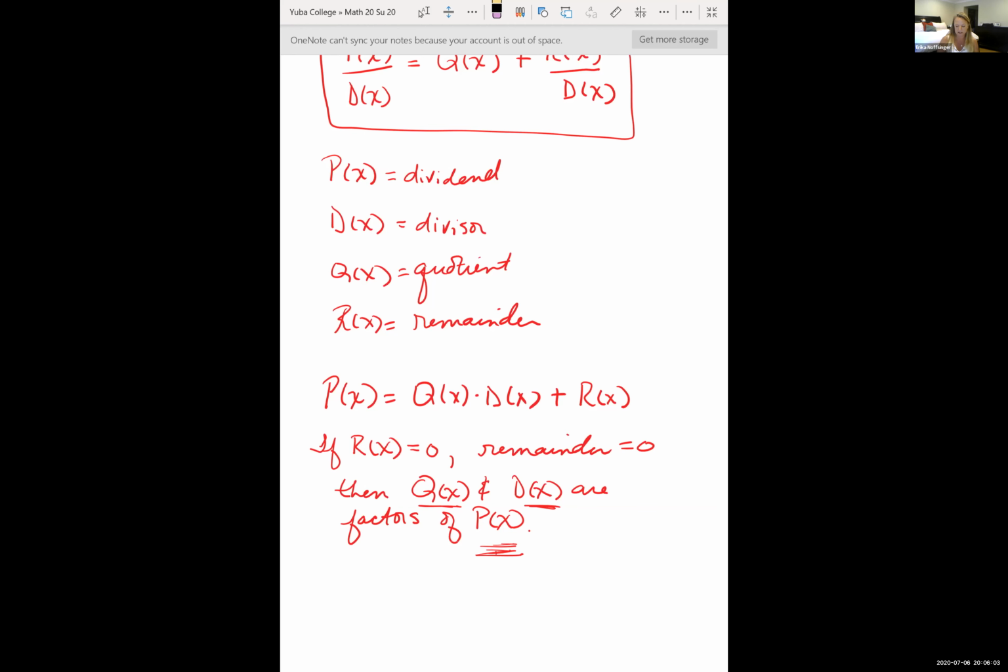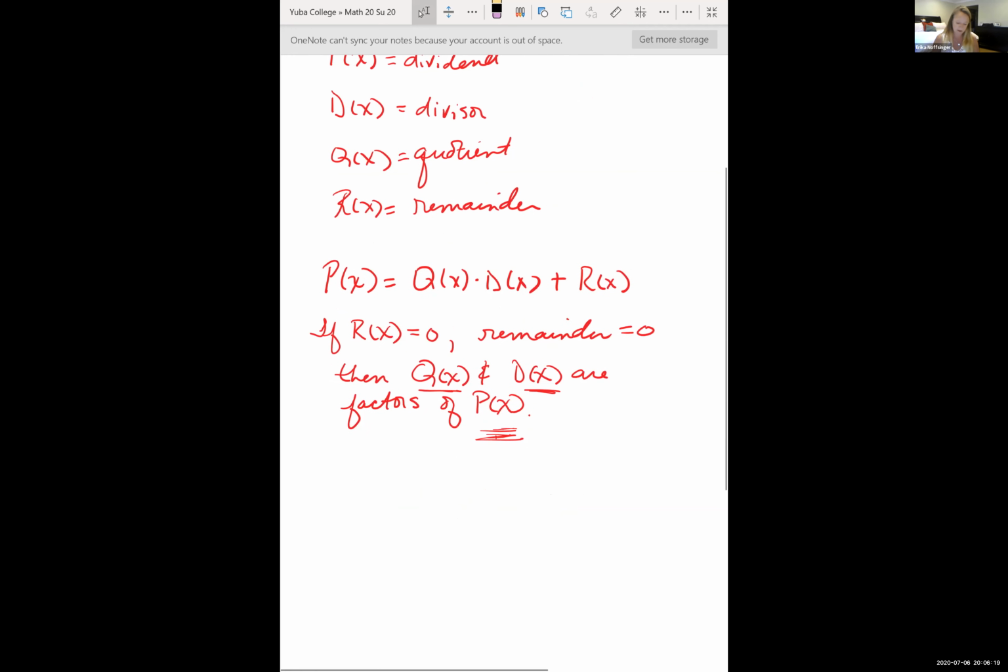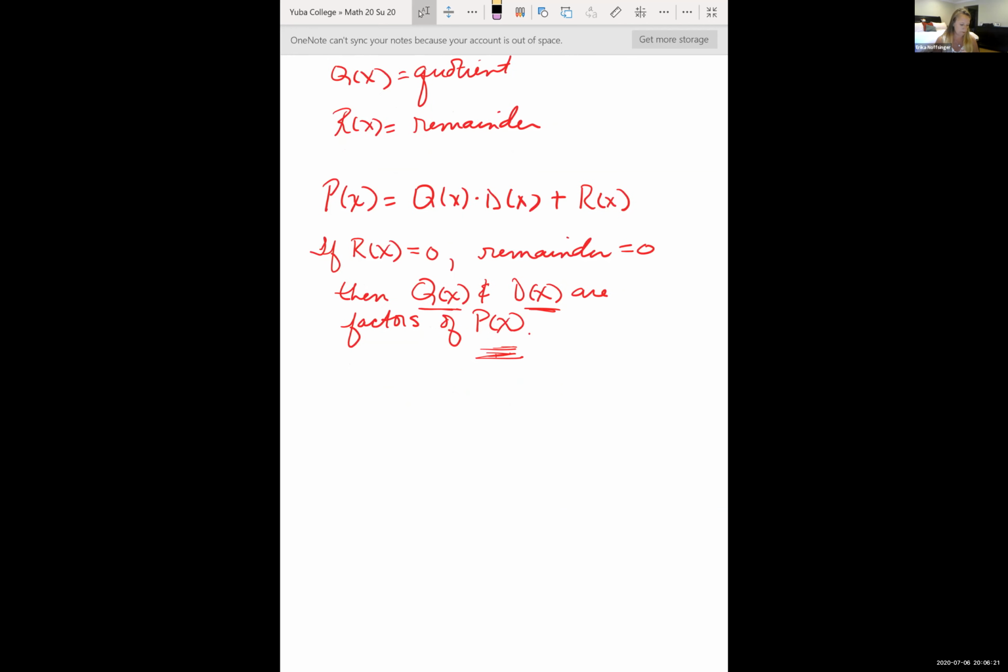Those are going to be factors if my remainder is 0, but I'll be able to take this quotient, if it's not of degree 2 or smaller, and break it down. If it's degree 2 or smaller, I'll maybe, possibly be able to do that too, but I'll tell you more about that in a minute.